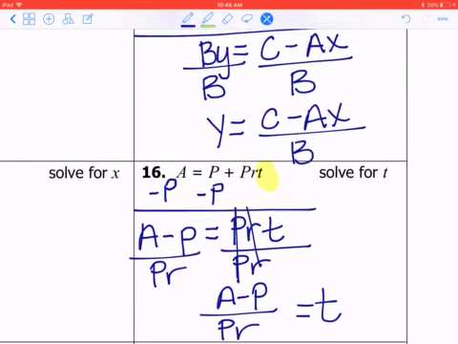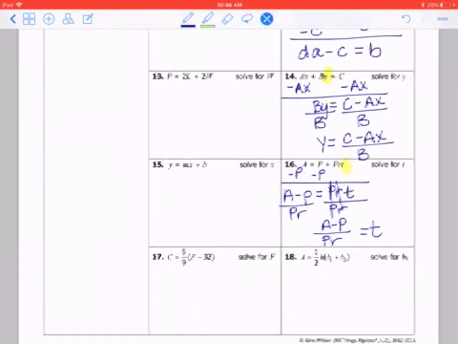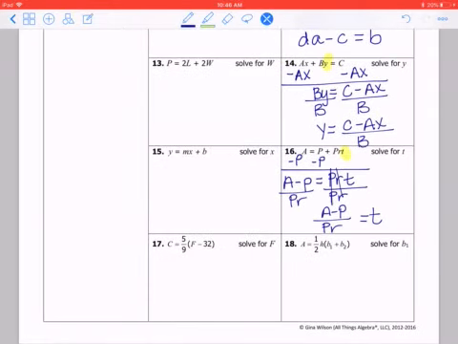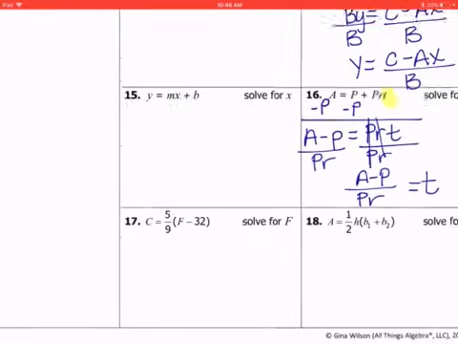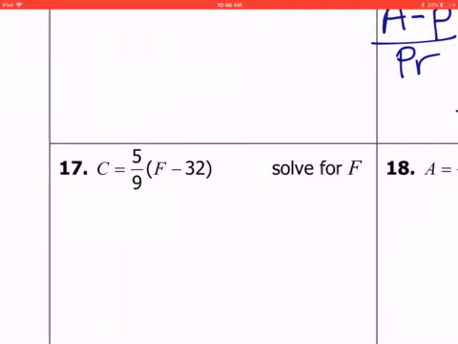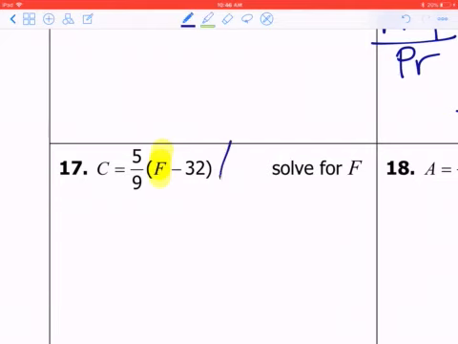Okay, a problem that's more difficult will definitely be numbers 17 and 18. Let's do 17. We have 5/9 times the stuff in parentheses. This is the formula for Celsius. Whatever is in this front part, we are going to do the reciprocal because we're solving for f. So my first step is to multiply each side by 9/5.